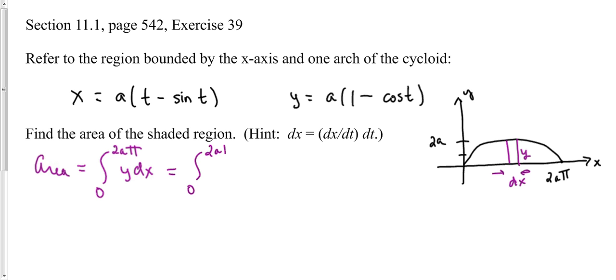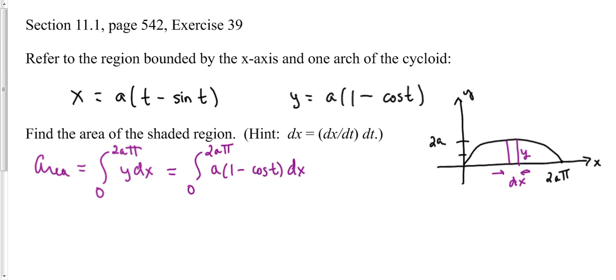And then we usually substitute in for y. So I'm going to have my integral from 0 to 2 a pi of a times (1 minus cosine t) dx. Now there's a problem here, because my function is in terms of t, but I'm taking the derivative with respect to x. So we need to reconcile those two things.